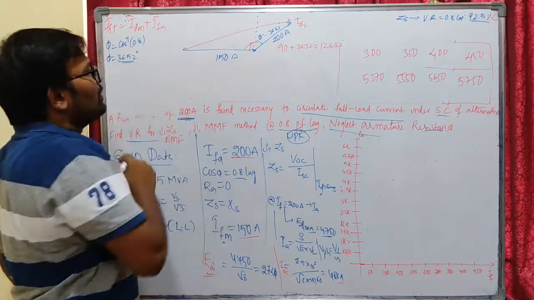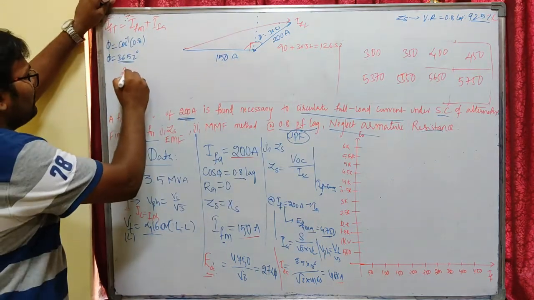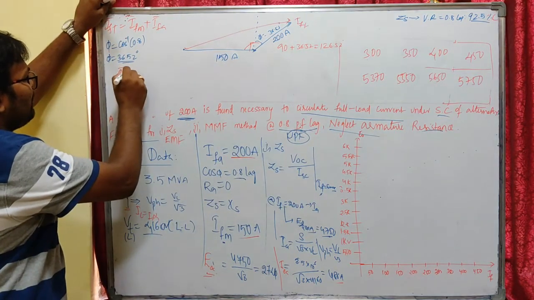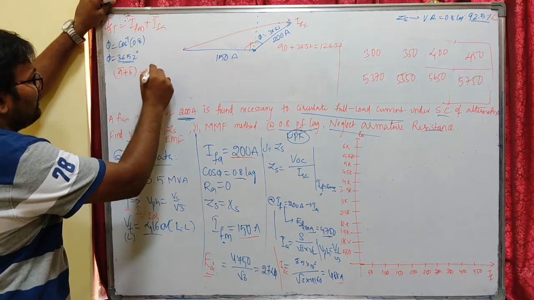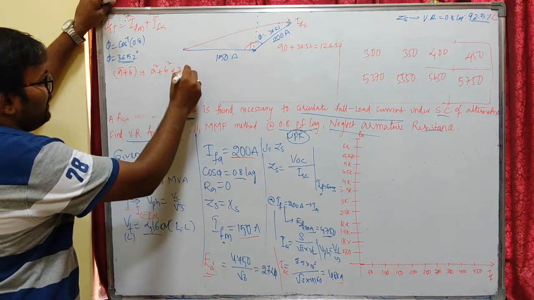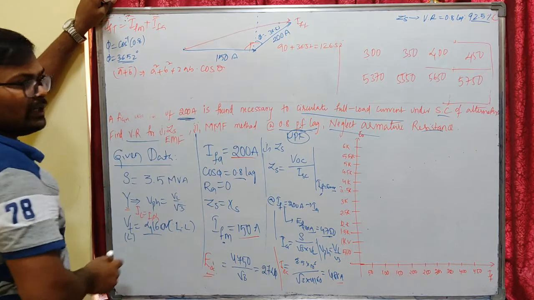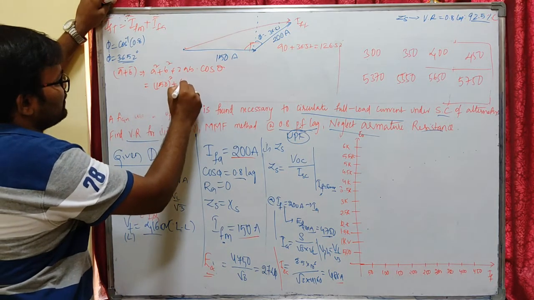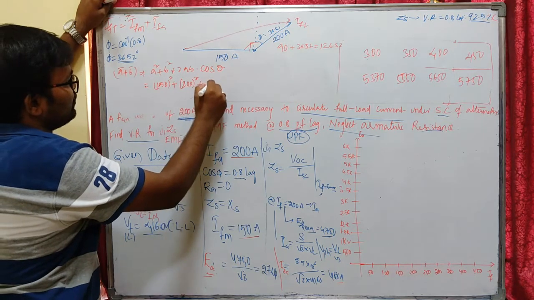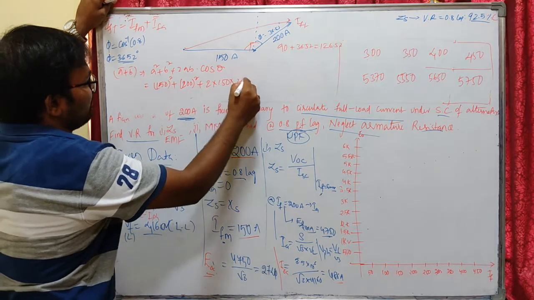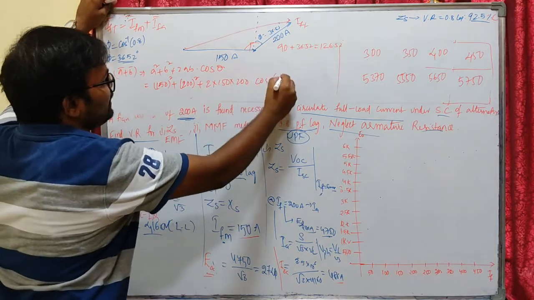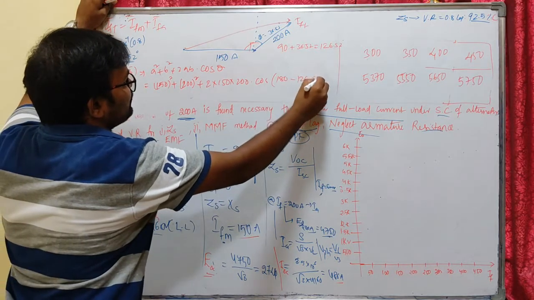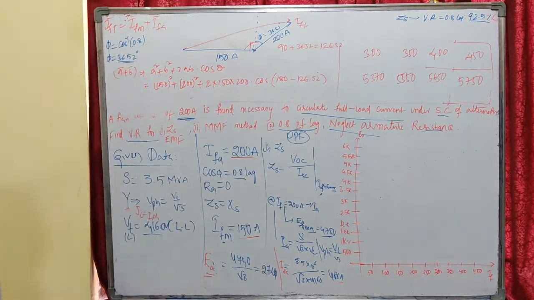If you apply the parallelogram law, the magnitude of a bar plus b bar is the square root of a square plus b square plus 2ab cos of the angle between them. So that is the square root of 150 squared plus 200 squared plus 2 into 150 into 200 into cos of 180 minus 126.52 degrees.